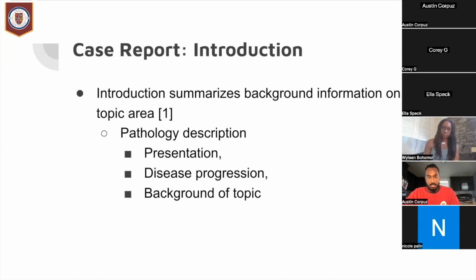The things you want to include are the definition and brief description of the pathology, including common presentations and disease progression, explain the background of the selected topic, followed by a brief description of what is being reported and the importance of reporting such a case. The content should be clear, focused, concise, and attract the reader's attention and interest.